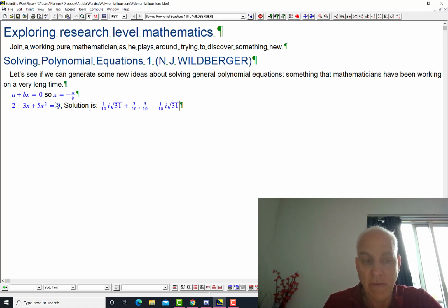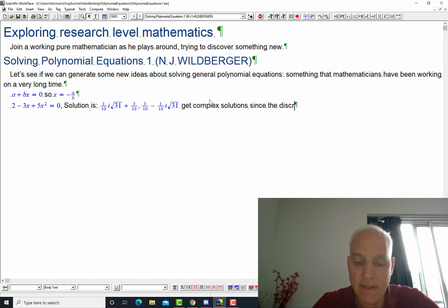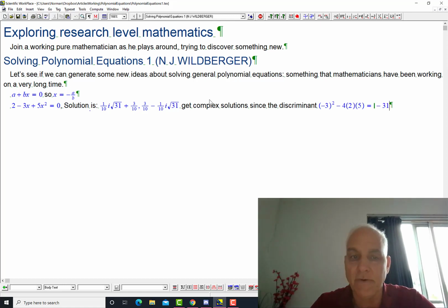It's because the discriminant of this equation is minus 3 squared minus 4 times 2 times 5. So we get complex solutions since the discriminant, which is minus 3 squared minus 4 times 2 times 5, is equal to minus 31.